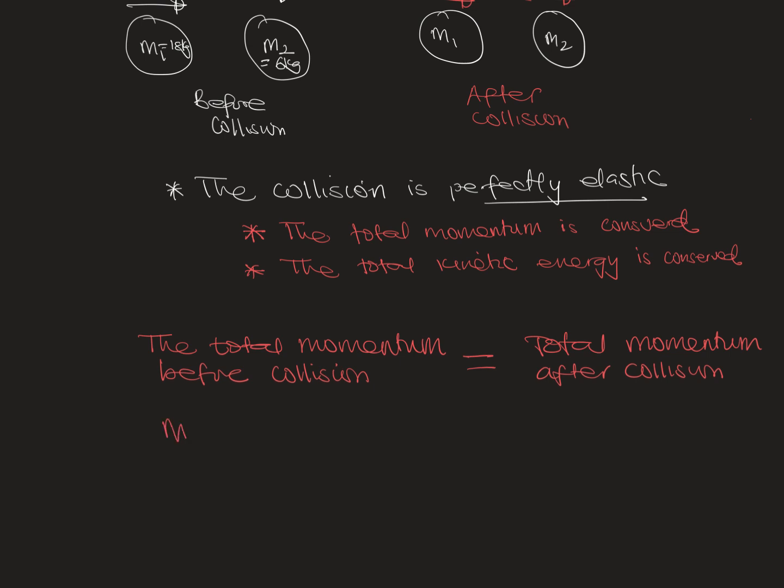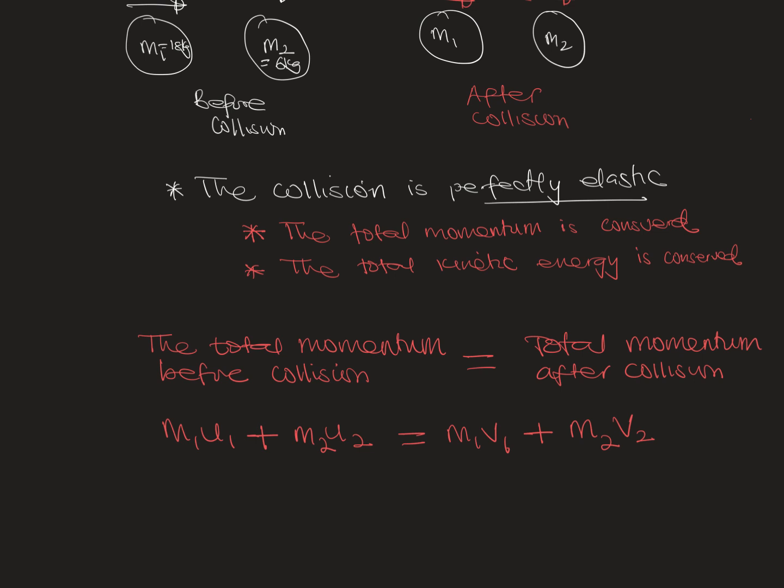For body M1, its momentum will be M1 multiplied by U1, plus for body M2, the initial velocity will be U2. This is equal to the momentum after collision: for M1 it will be M1 V1, plus for M2 it will be M2 V2. If they do not emphasize the direction of the body after collision, just try to maintain the positive sign. So when you have a calculation that gives negative, it means that the direction is reversed.